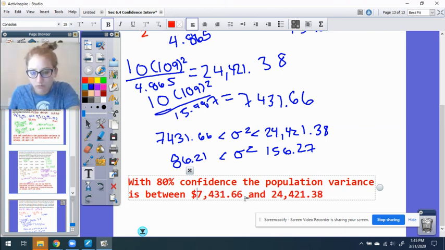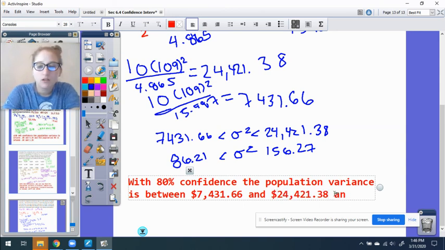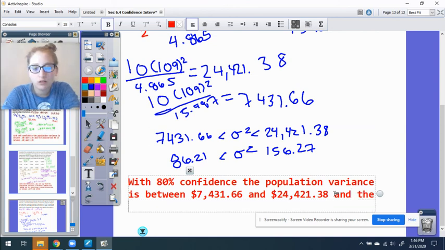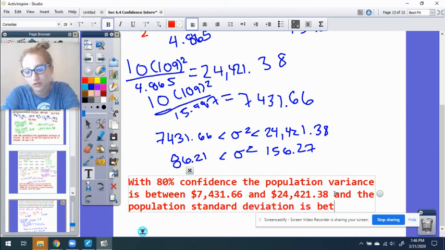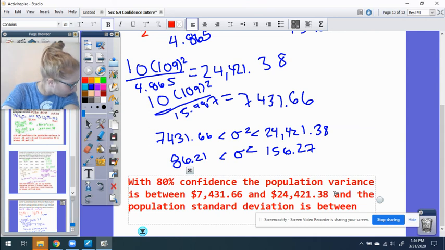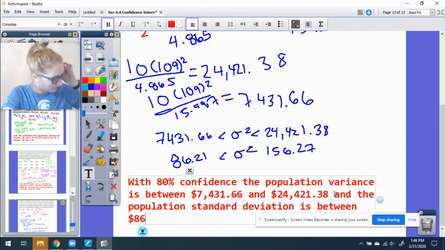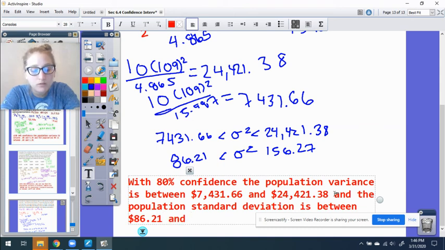It's got to be official. And the population standard deviation is between 86.21 and 156.27. All right.